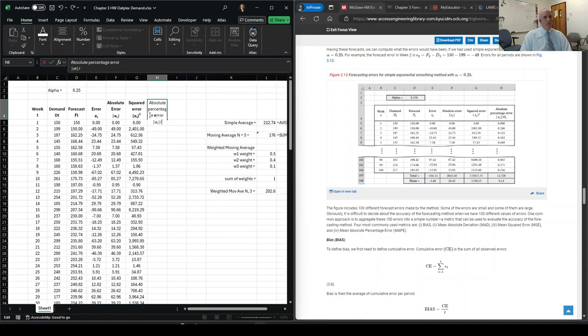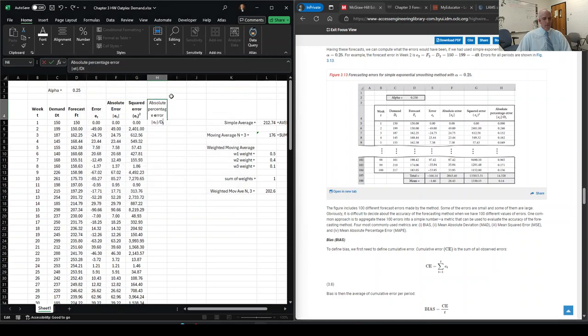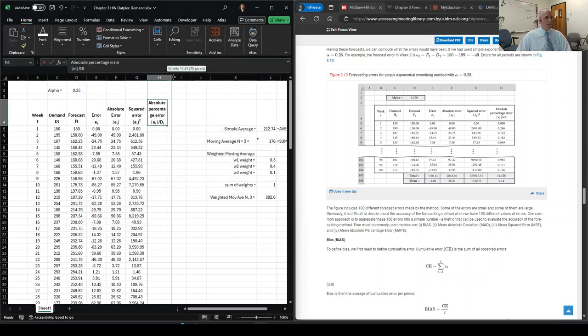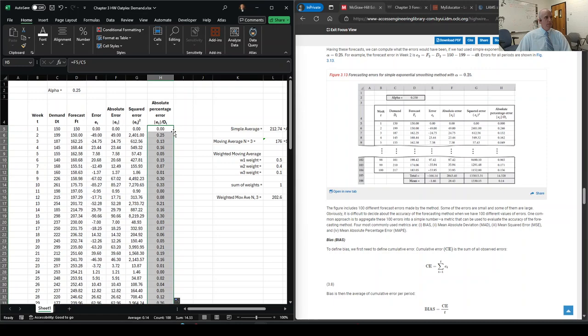That's the absolute error divided by the demand. That gives it a relative value. So we're just going to take the absolute error, which we've already calculated, and divide by that demand. And then we'll center it, give it some decimals, and copy it down.